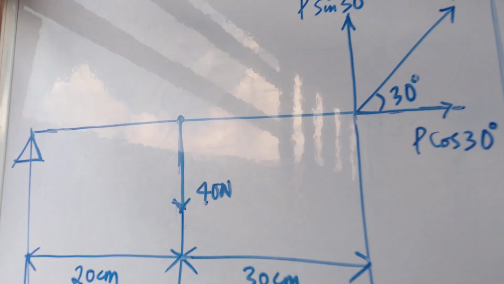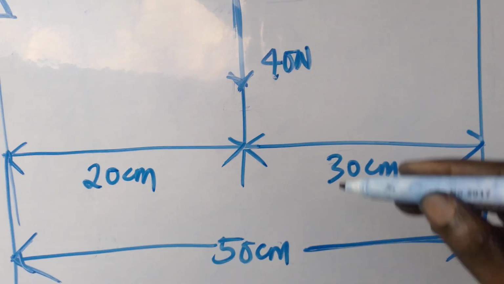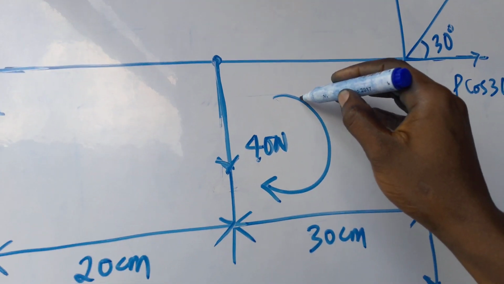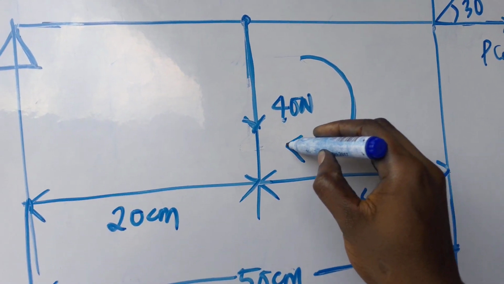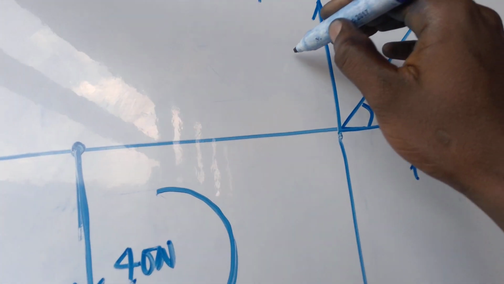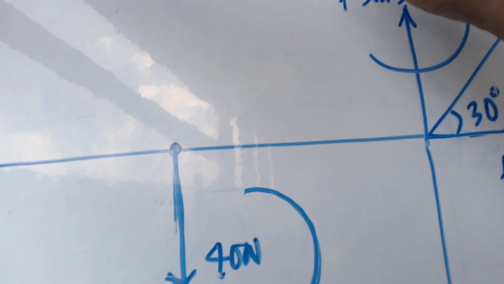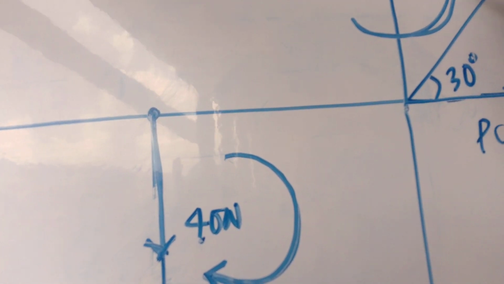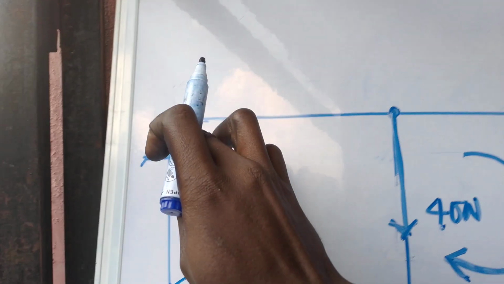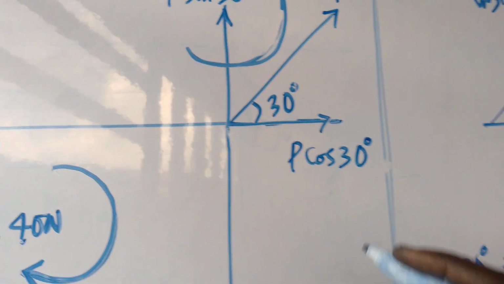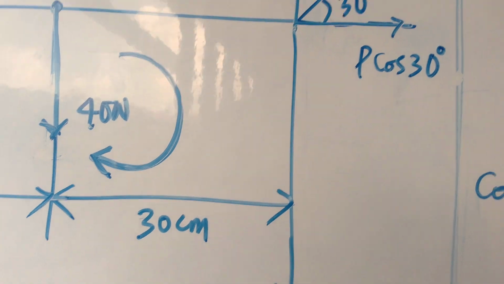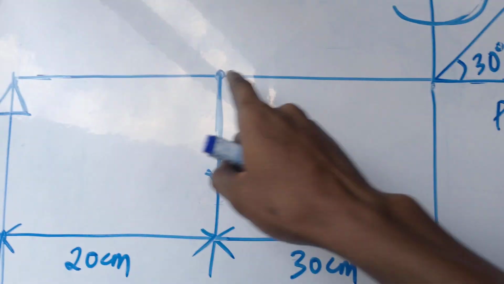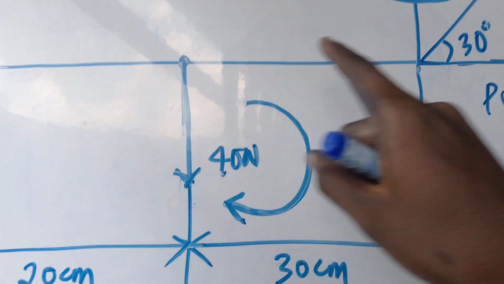Okay, so the next thing we do now is to take moments of the forces. This force will go in a clockwise direction with respect to the pivot, and this other one will go anti-clockwise with respect to the pivot. Now you see that this one does not have any perpendicular distance. Since it is horizontal, it is lying on the same axis with the ruler, or the beam.